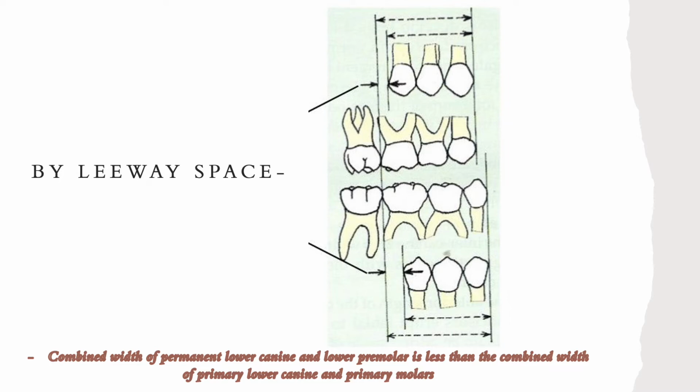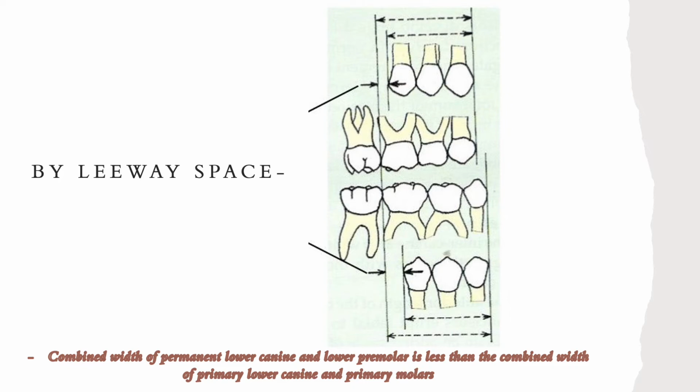When those milk teeth fall off and the narrower permanent teeth come up, you have positive space, almost 1.7 millimeters per side. So this helps in relieving that 2 millimeters of crowding.